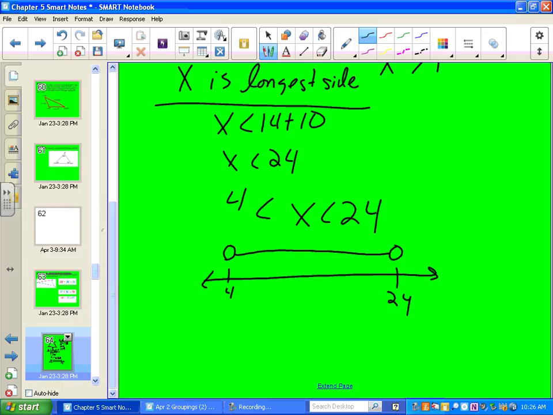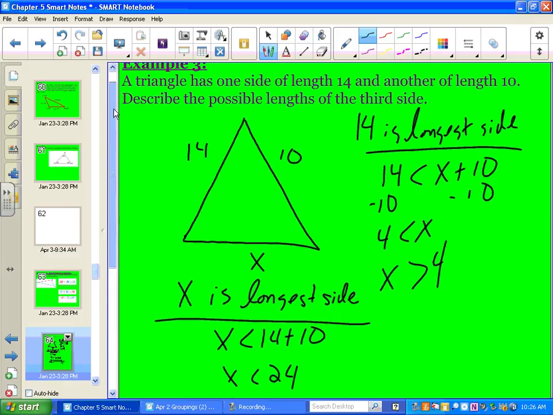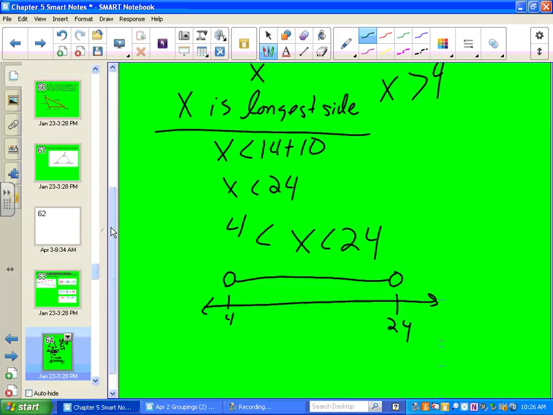Very good. Remember, when it's not equal to, it's an open circle, line in between. So in these problems, you make 14 the longest side, and then you make your unknown the longest side. That gives you your two restrictions on that side. So when it says describe the possible lengths, x is between 4 and 24.